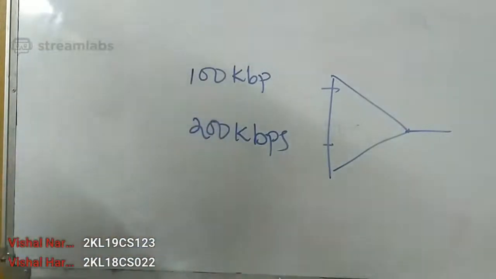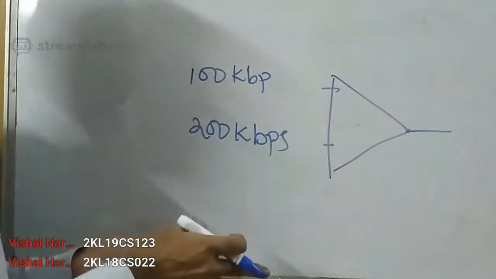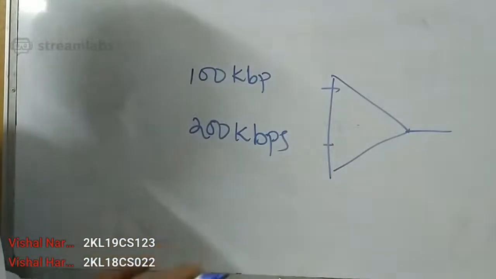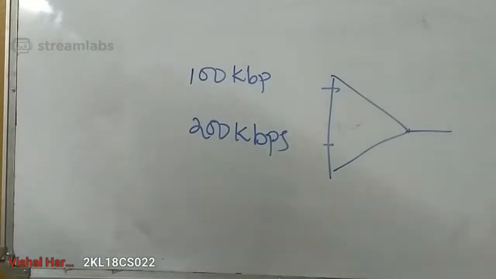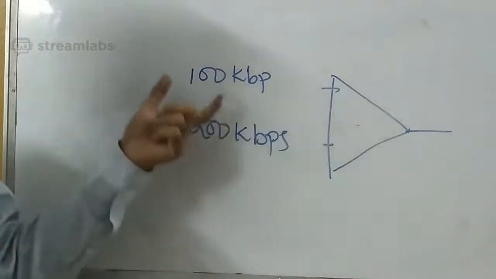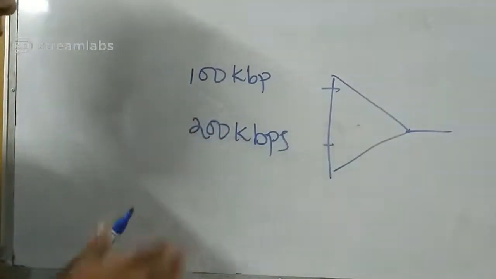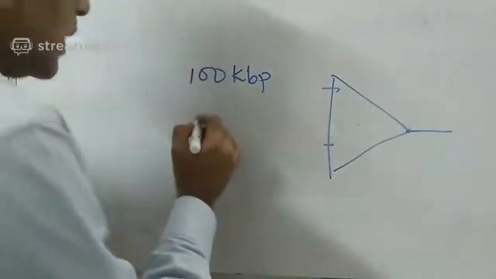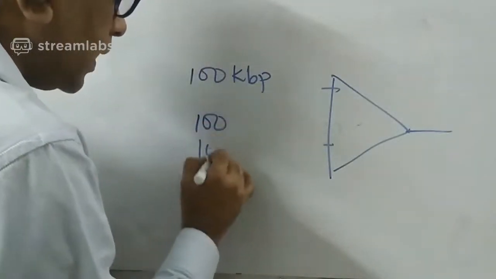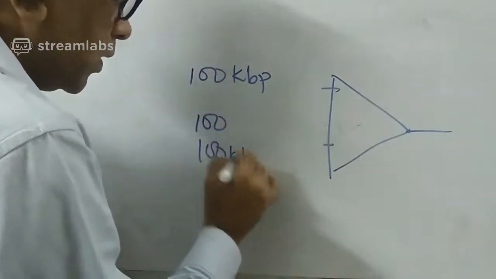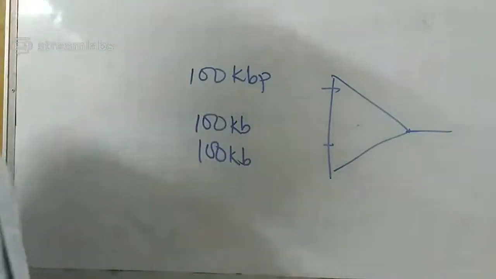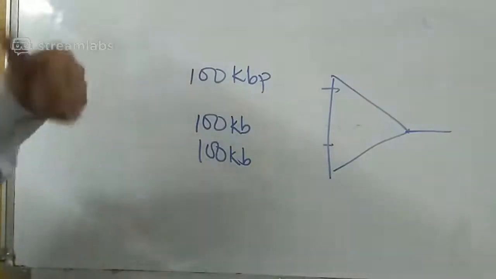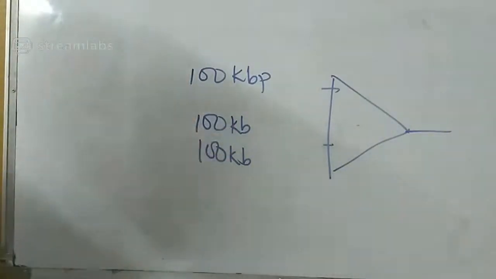I have only one option of splitting this 200 kbps into multiple 100 kbps links. Basically this act of converting the 200 into 100 capacity links is done with the help of demultiplexing.